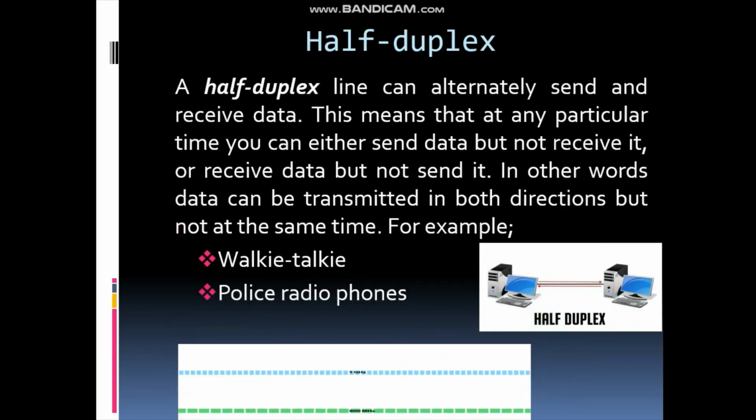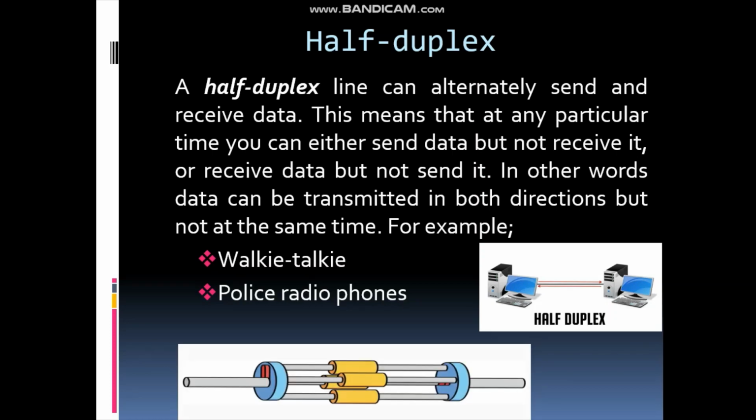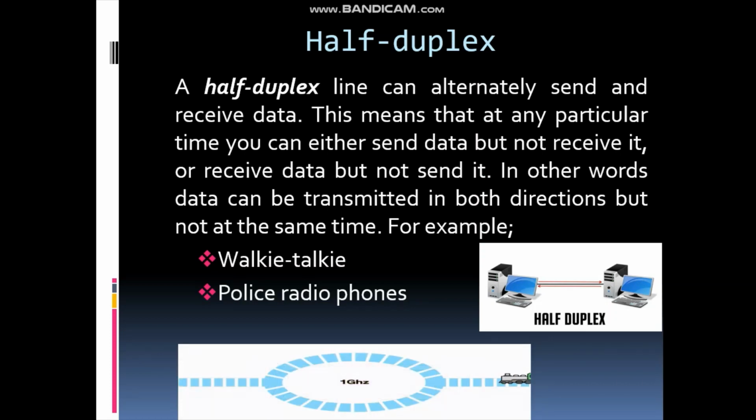Secondly, half duplex. A half duplex line can alternately send and receive data. This means that at any particular time, you can either send data but not receive it, or receive data but not send it. In other words, data can be transmitted in both directions but not at the same time.